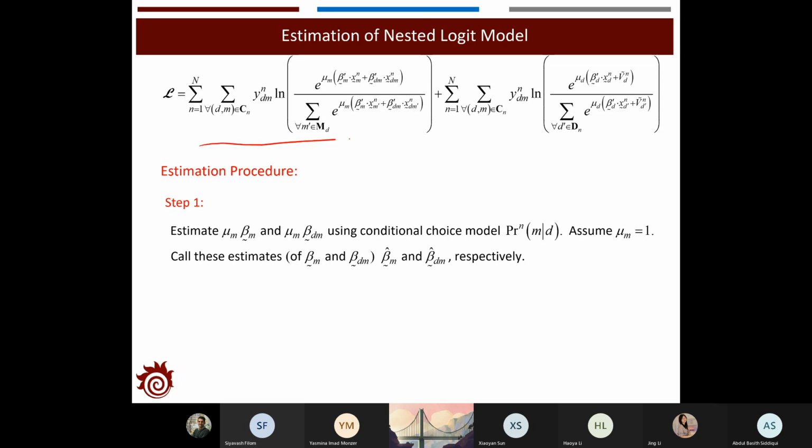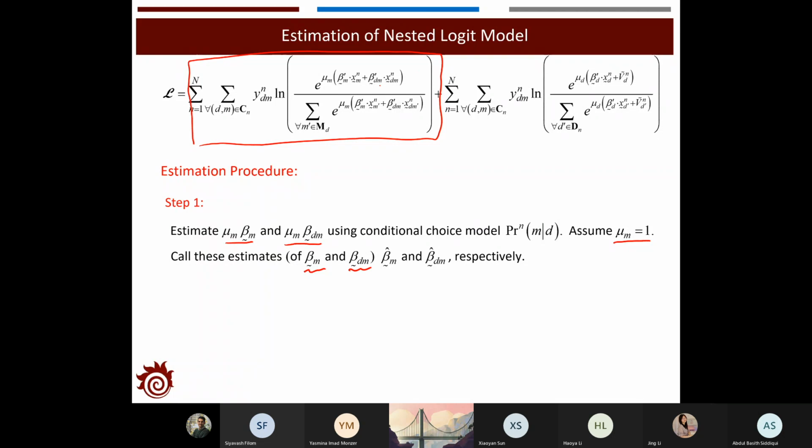As we mentioned previously, we want to maximize this component, the term 1. To do that, we first assume that mu m equal to 1, and then we're going to estimate mu m beta m and mu m beta dm, which will just be beta m and beta dm.